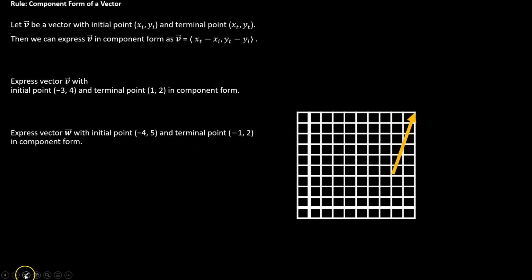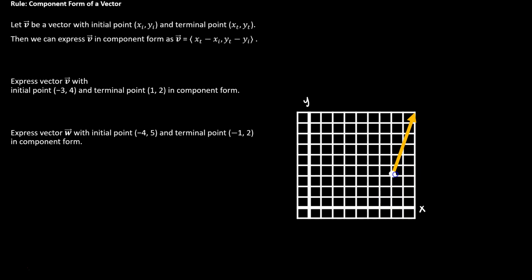Now that we know what component form is for a position vector, we can take a vector that's maybe not in standard position and rewrite it in component form using just a small little formula. So on the screen I have a vector v, and if I let this be the x-axis, this be the y-axis, our initial point looks like it's at 1, 2, 3, 4, 5, 6, 7, and up 1, 2.